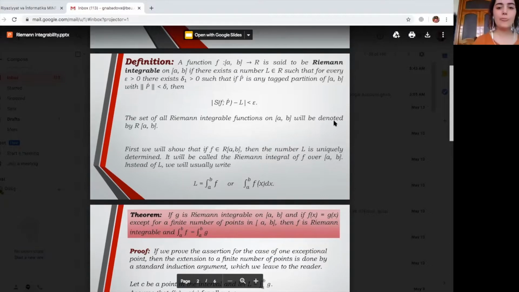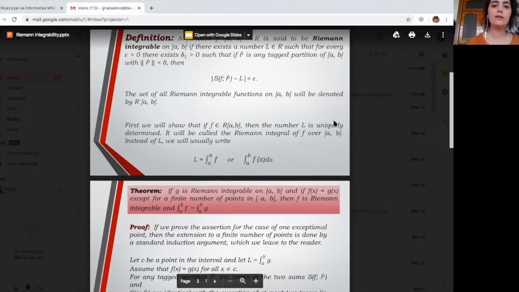We denote the Riemann integrable functions on [a,b] with R[a,b].